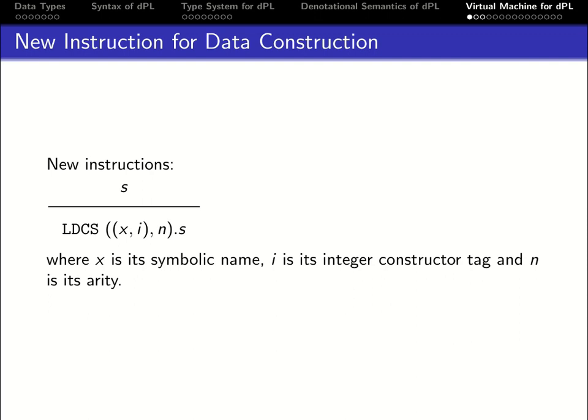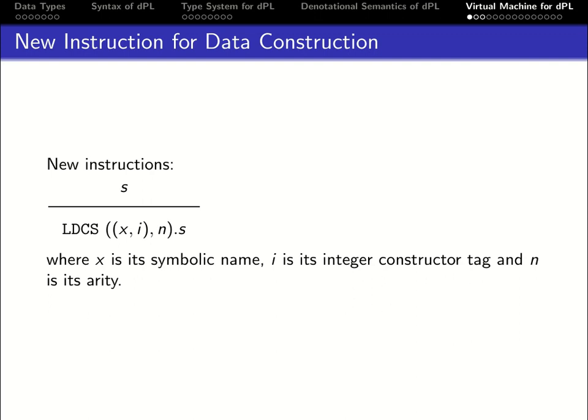The compiler automatically will enumerate all the constructors within a type and will give them values from 0 to whatever is the maximum, and that particular index is the I. And then n is the arity. The constructor has a number of arguments. So for instance, nil has 0, cons has 2.